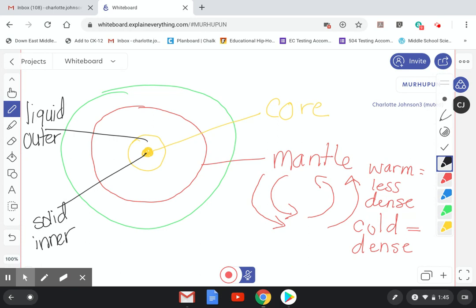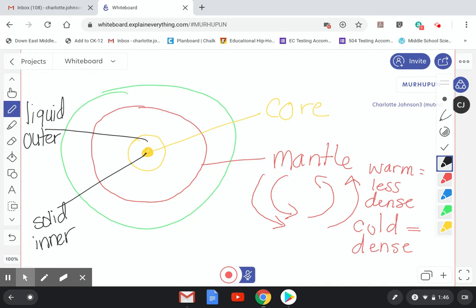So when we talk about properties of the different layers, we can break these layers up into other categories known as the lithosphere and the asthenosphere. We can divide these layers up into mechanical properties.